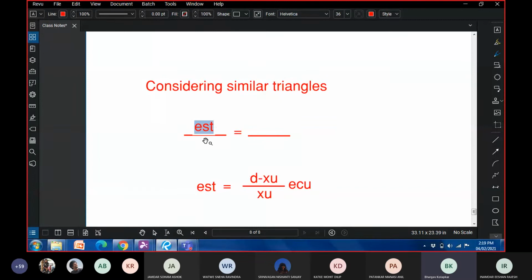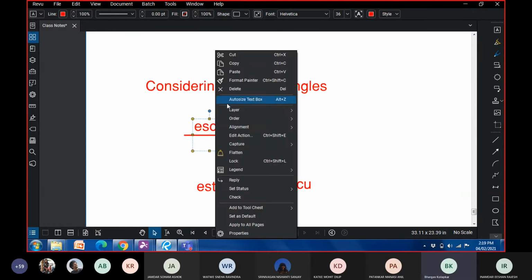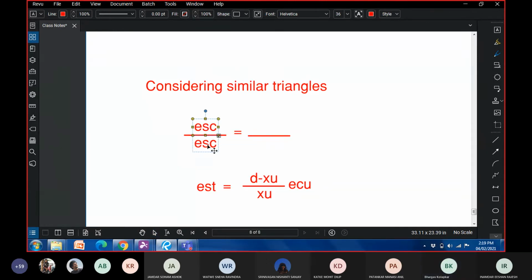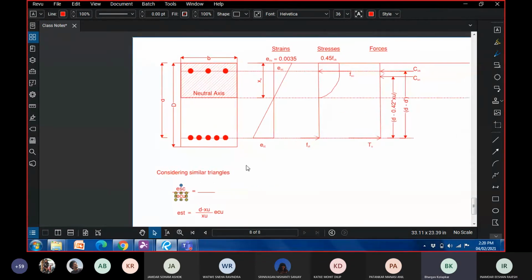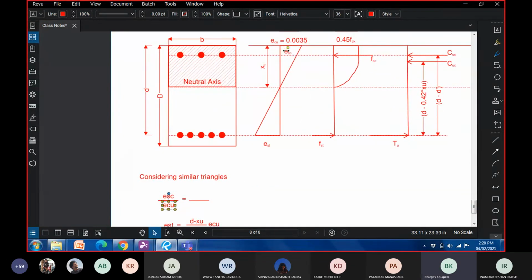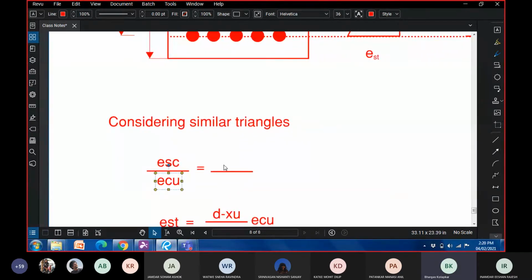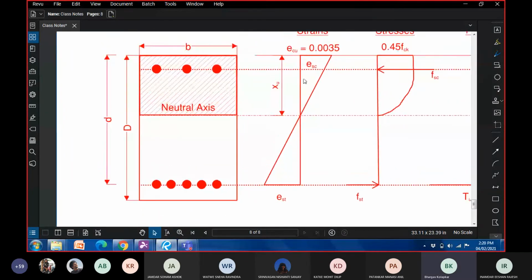So from these similar triangles, epsilon Sc upon epsilon Cu. Just look at this. Epsilon Sc upon epsilon Cu.